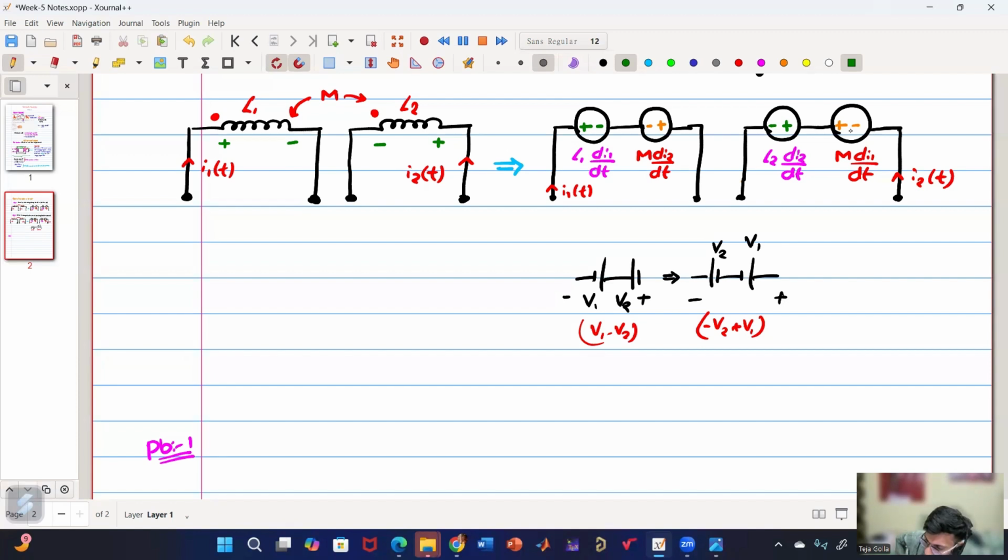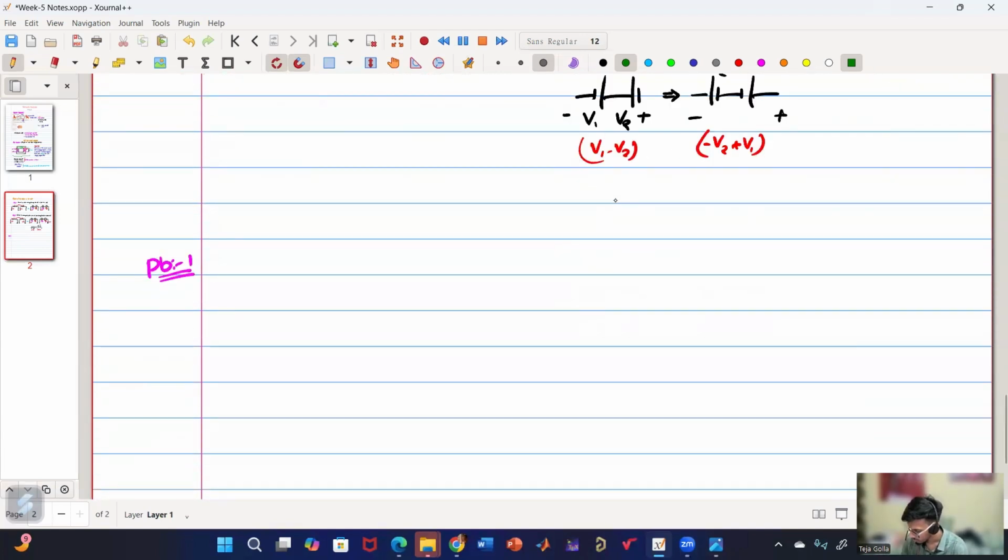Okay, so now let us solve one small problem before we go into the problem solving session. The problem is something like this. Coil 1 has a voltage source like this and coil 2 has been shorted.